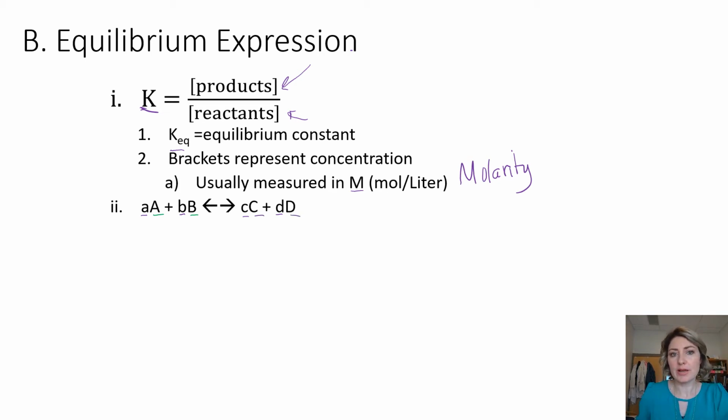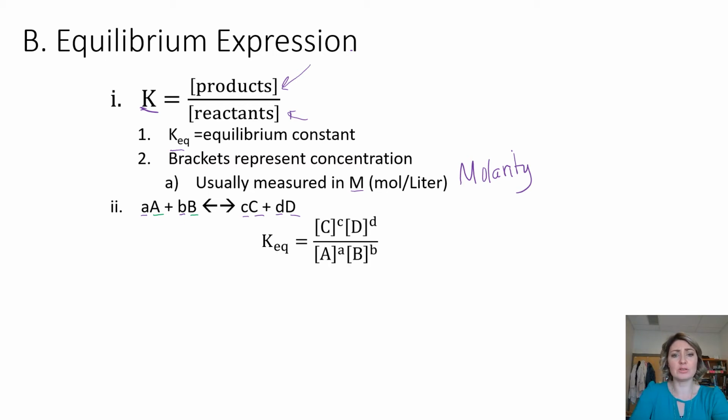So in order to write our equilibrium expression, as you can see at the top, the concentration of your products is going to go on top, and the concentration of your reactants is going to go on the bottom. We're going to multiply all the reactants together and all the products together, and we're going to raise them to the power of the coefficient. So this is again why it's really important that you're able to balance an equation properly, or you're going to get numbers that don't quite work.